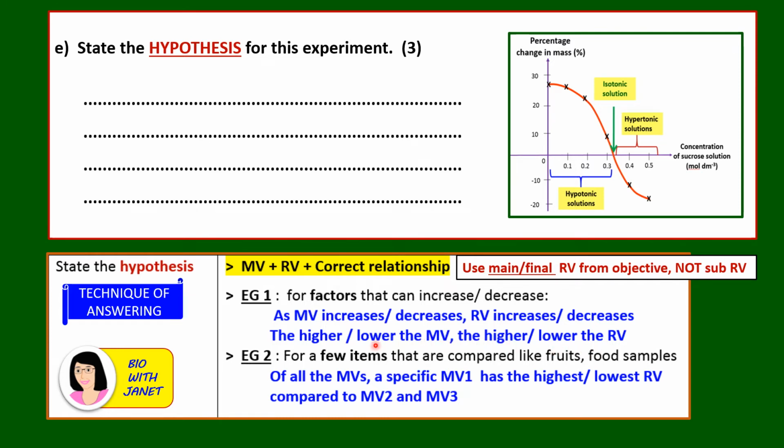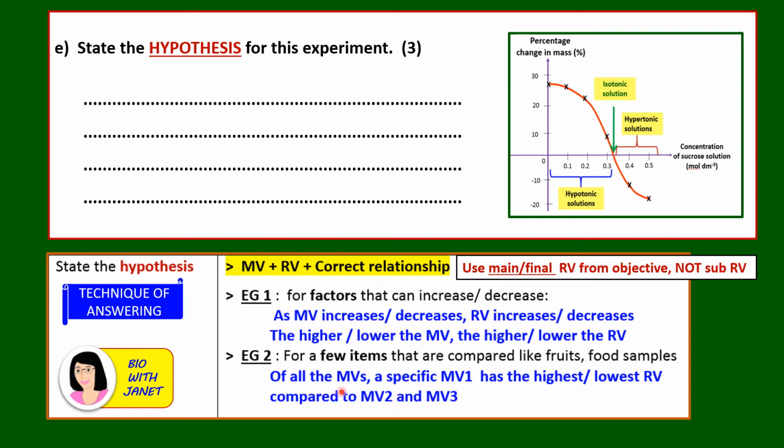Now, the other format is for a few items that are compared, like fruits or food samples. For example, determining the energy value of different food samples. So of all the MVs, a specific MV1 has the highest or the lowest RV compared to MV2 and MV3.